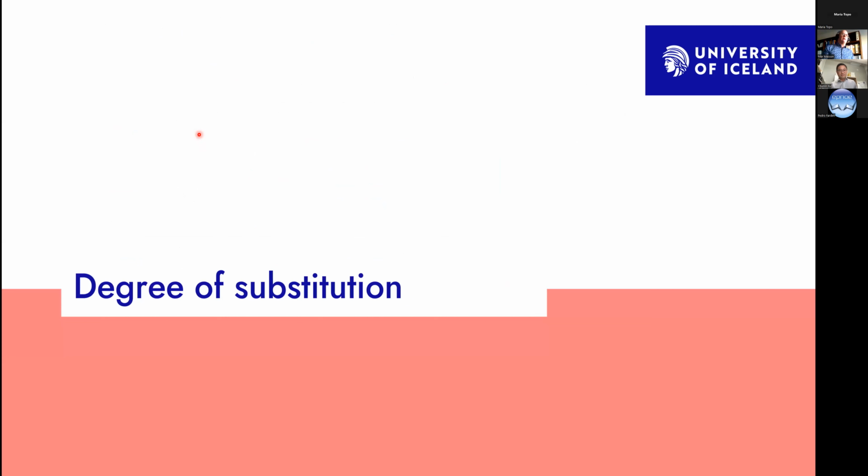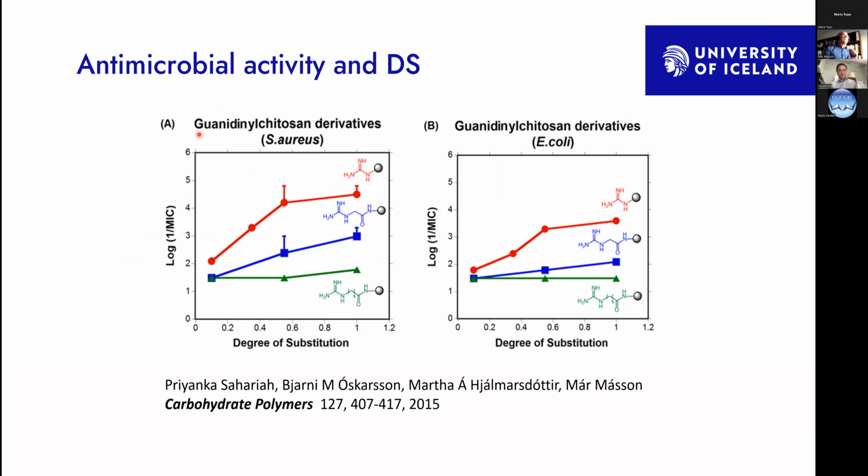And then degree of substitution is another important factor. Here we have studied the antimicrobial activity and degree of substitution. This is the guanylylated chitosan. Actually, we also studied the spacer length here, and we get the same result.